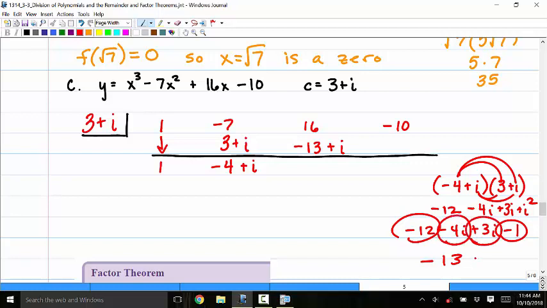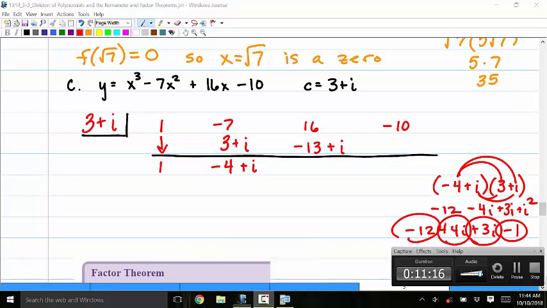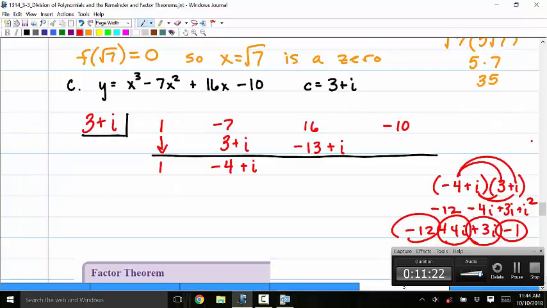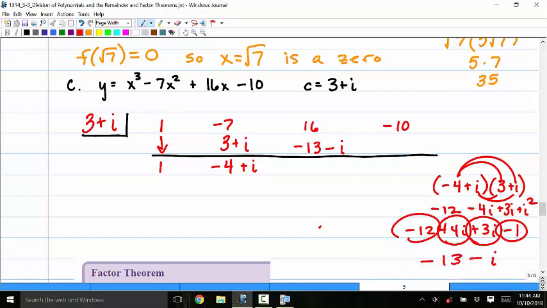Negative 4i plus 3i is, oh, sorry, that should have been plus, right? No, it should be a negative i. I got negative i. Negative 13 minus i. Yes, negative 13 minus i. Whew. One thing's wrong, but it's not. Say negative 13 minus i? Yes.